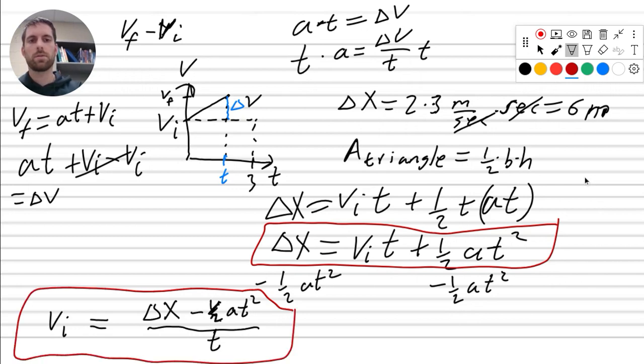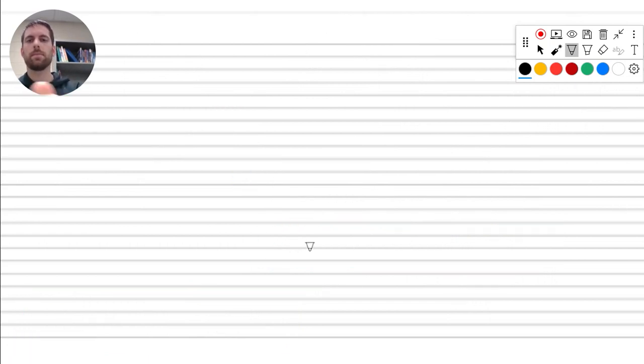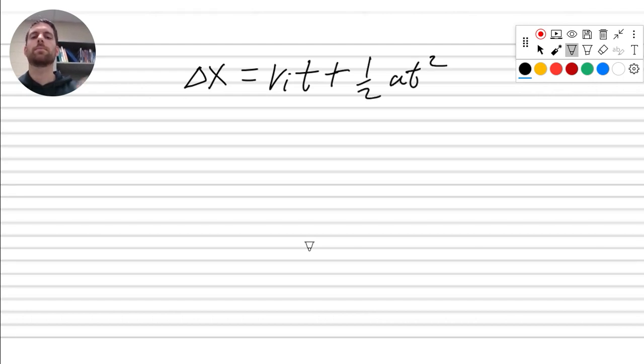Our third one is with a. Let's do that on a different page. So that's going to be a little more tricky, but not too bad. All right. So for this one, we have to put v initial t on this side.